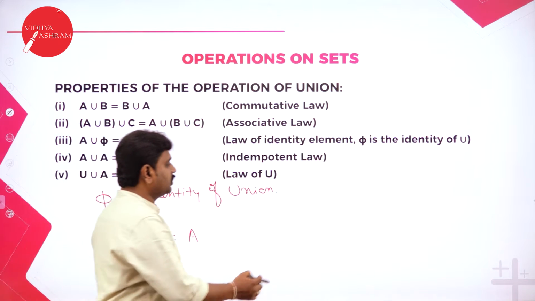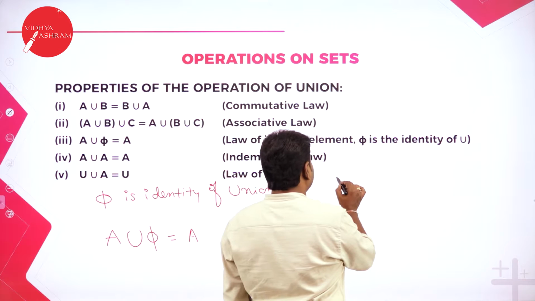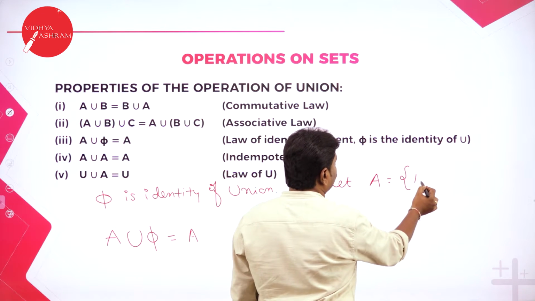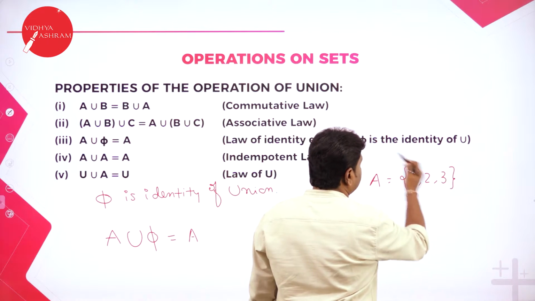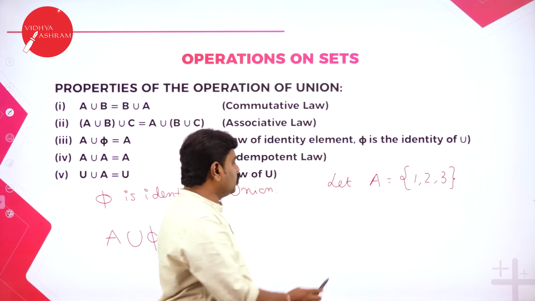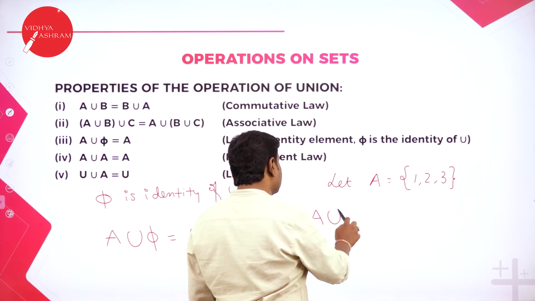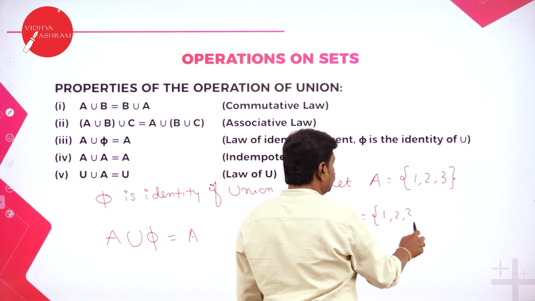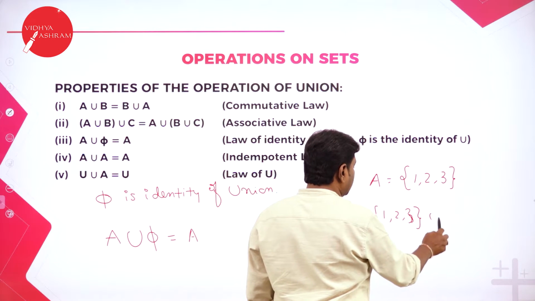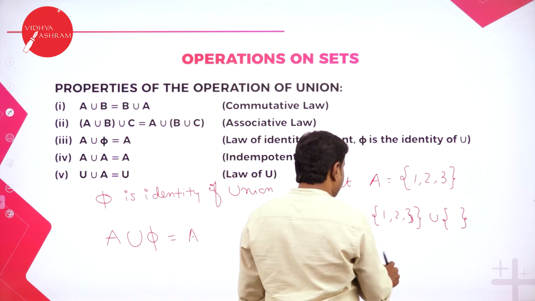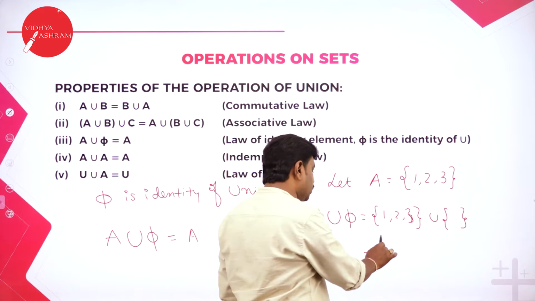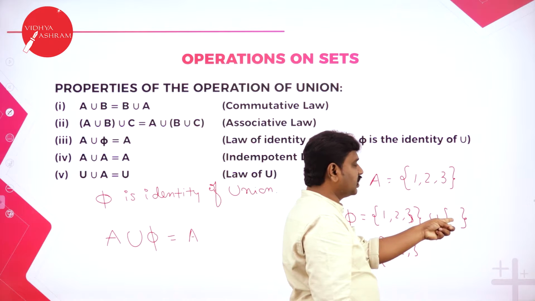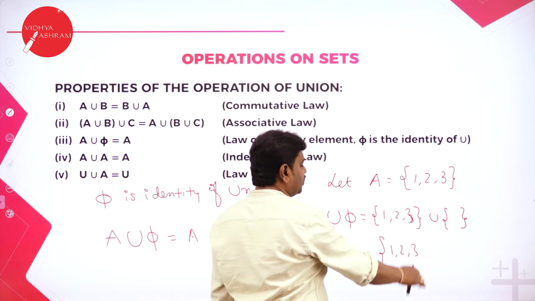For example, let A be any set you take. I will take {1, 2, 3}, a simple set containing 3 elements. Now A union psi means I will combine {1, 2, 3} with the null set. When I combine two sets, I should write the elements of the first set, that is 1, 2, 3. Then I should write the elements of the second set. The second set is the null set, so no elements are there to write.